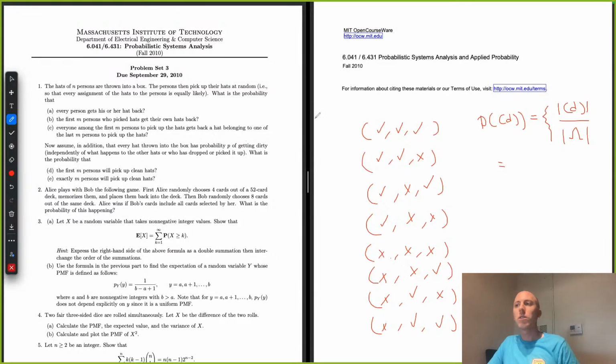This is the probability of getting dirty. So this is 1 minus p cubed. This is 1 minus p squared times p. So these are different outcomes.